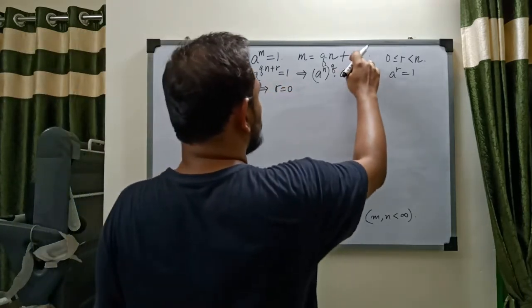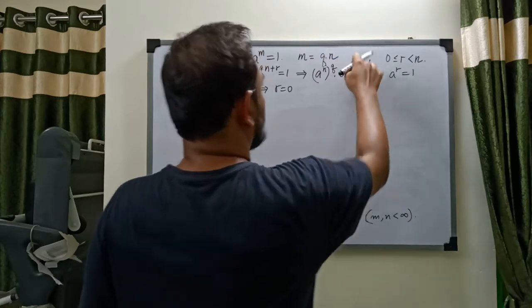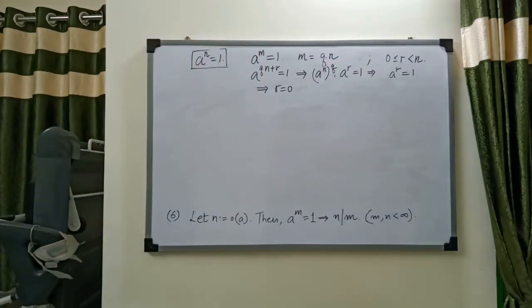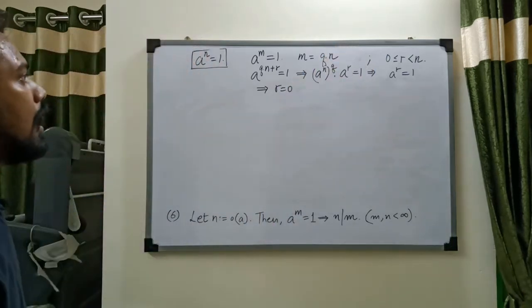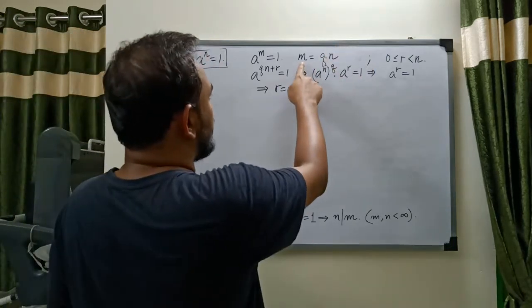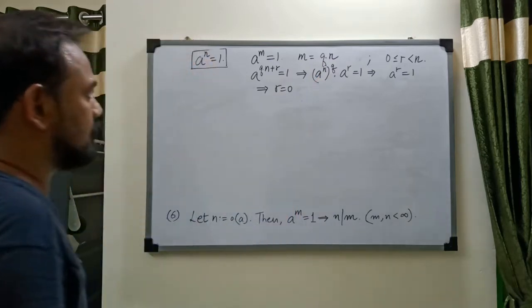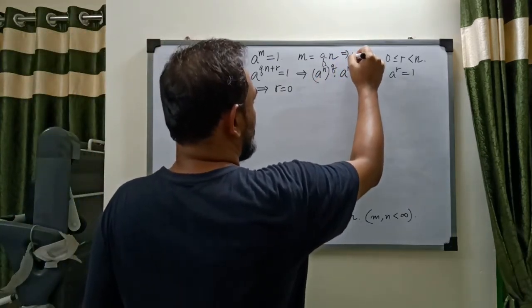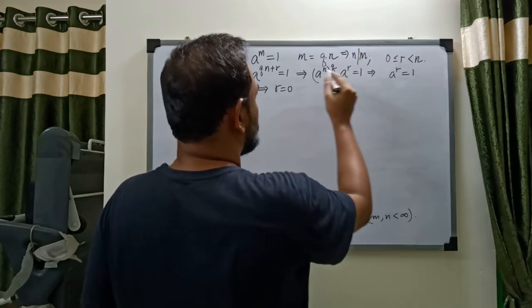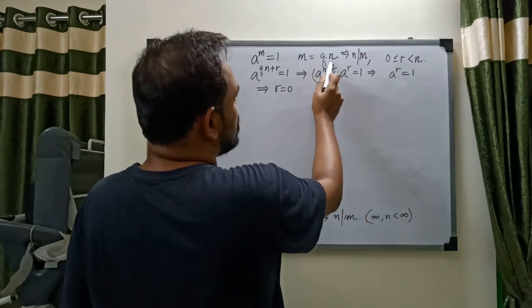And once r is 0, you can get rid of this thing, because now r has no contribution in this sum. And therefore, this means that n divides m. Of course, this just means that n is dividing m, because m is a multiple of n.